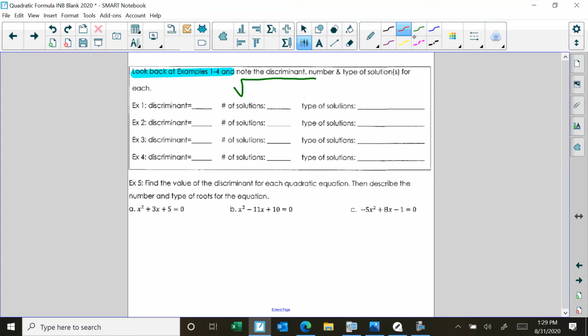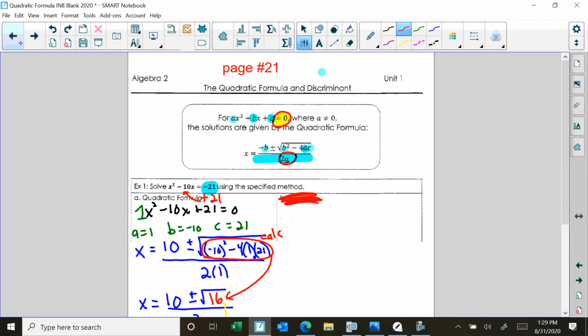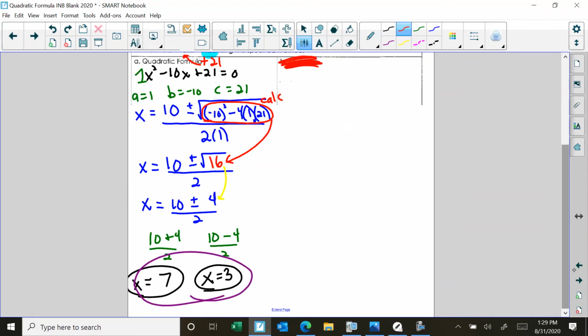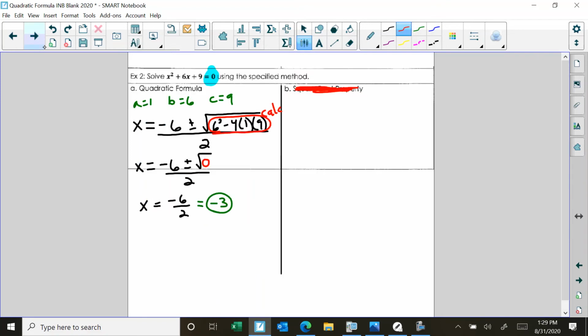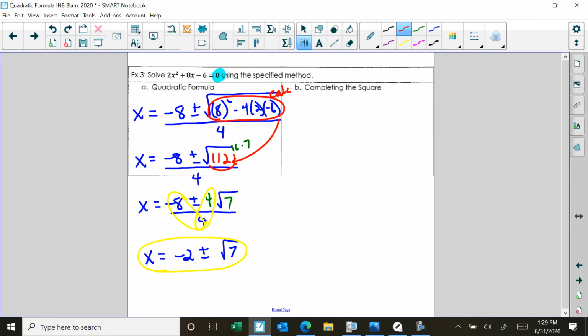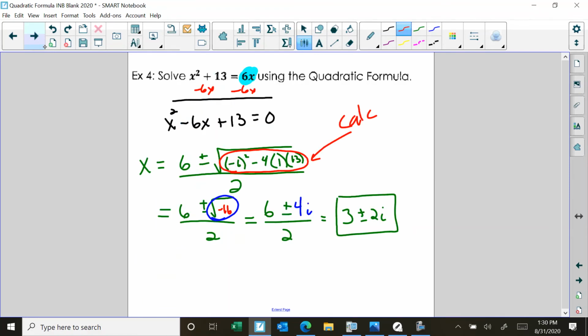There will be a number. So this is example number 1. We have a 16. Example number 2 is 0. Example number 3 is 112. And example number 4 is negative 16.